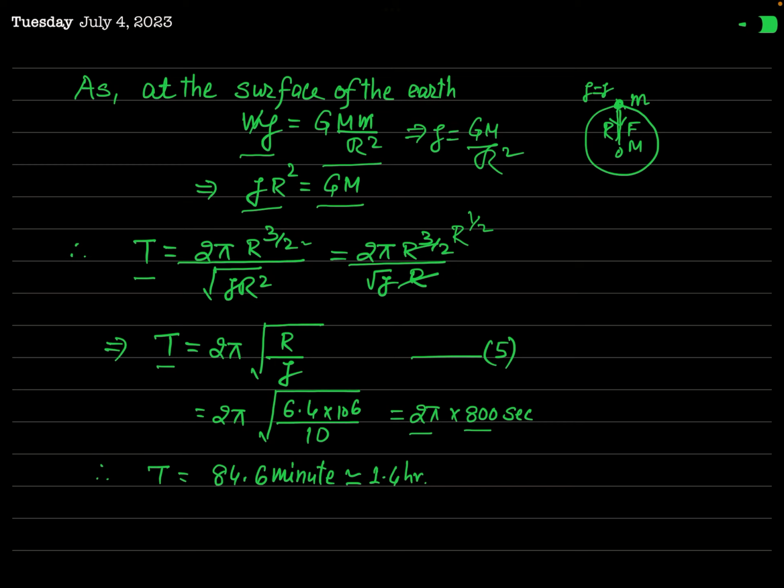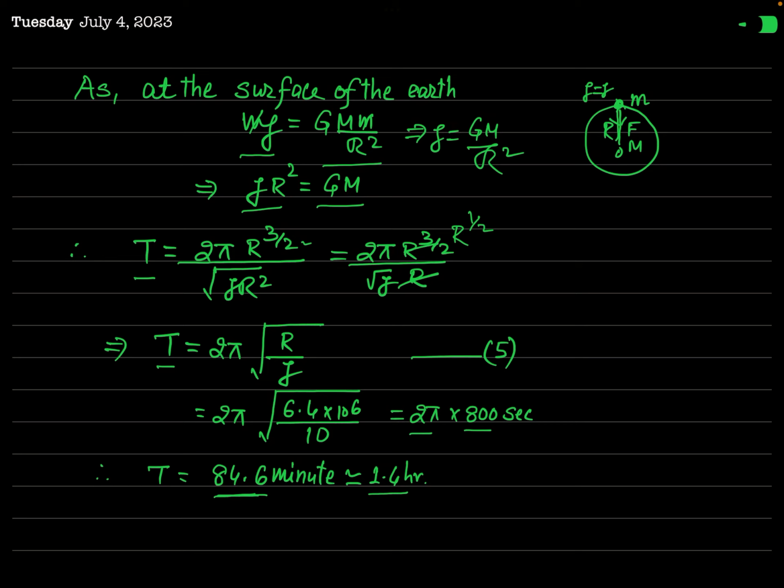And when you divide it by 60, the result will be 84.6 minutes, which is almost equal to 1.4 hour. So the period of revolution of a satellite which is revolving in a circular orbit very close to the surface of the earth is fixed, and it is almost 84.6 minutes.